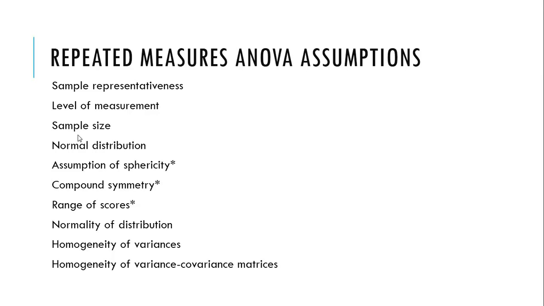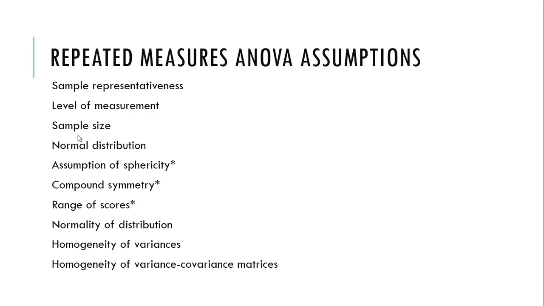And then the homogeneity of variance covariance matrices, which we are already very familiar with, and that is that the covariance matrices on all measures of the dependent variable should be equal across all levels of the independent variable. But remember that this assumption is only needed if the groups have unequal sample sizes.